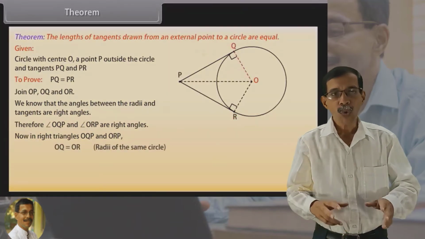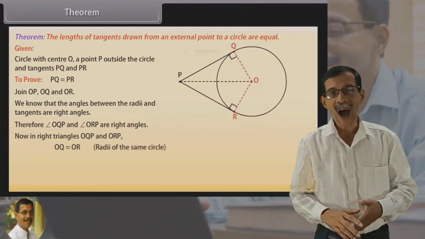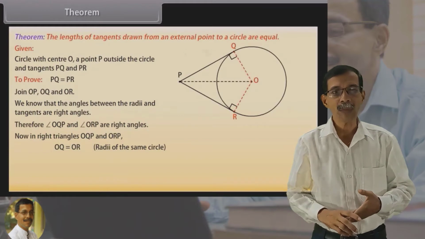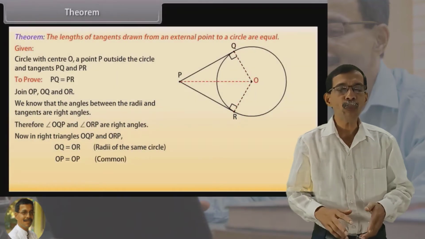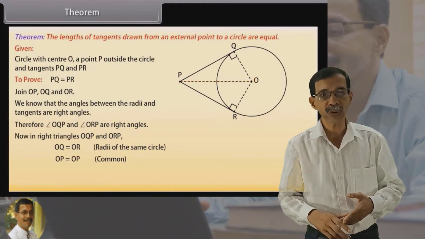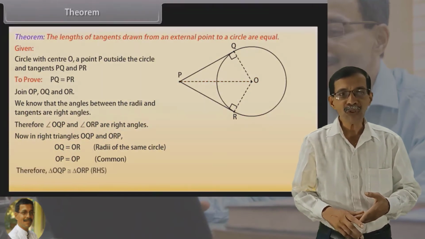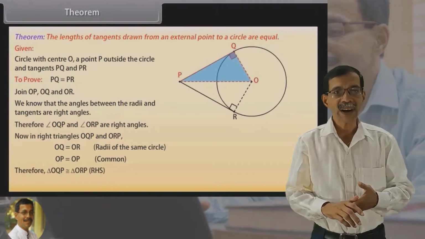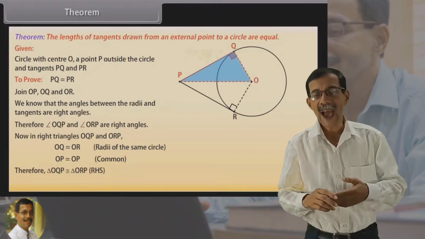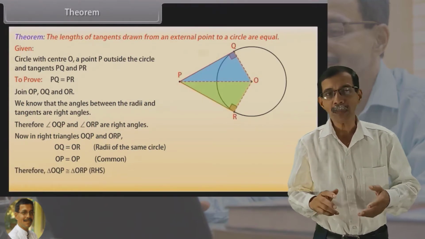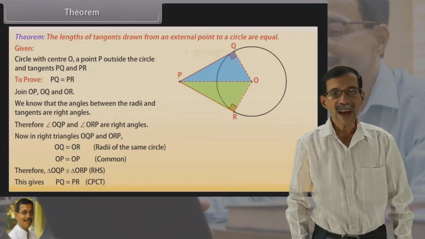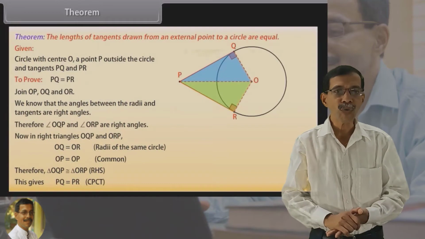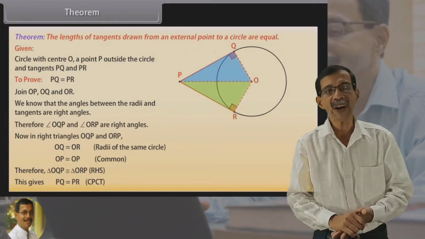In this, OQ and OR are equal because they are the radii of the same circle. And also OP is equal to OP, which is the common side of the two triangles. So therefore we can say that triangle OQP and triangle ORP are congruent, so PQ and PR are the corresponding sides of two congruent triangles.